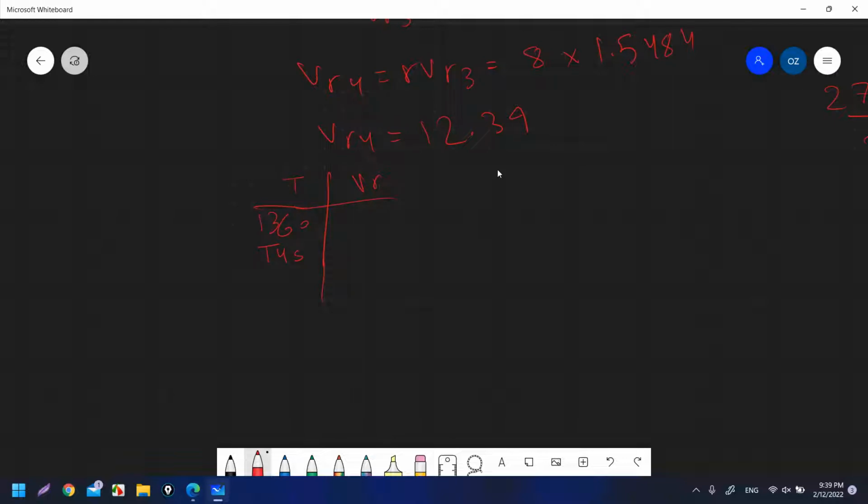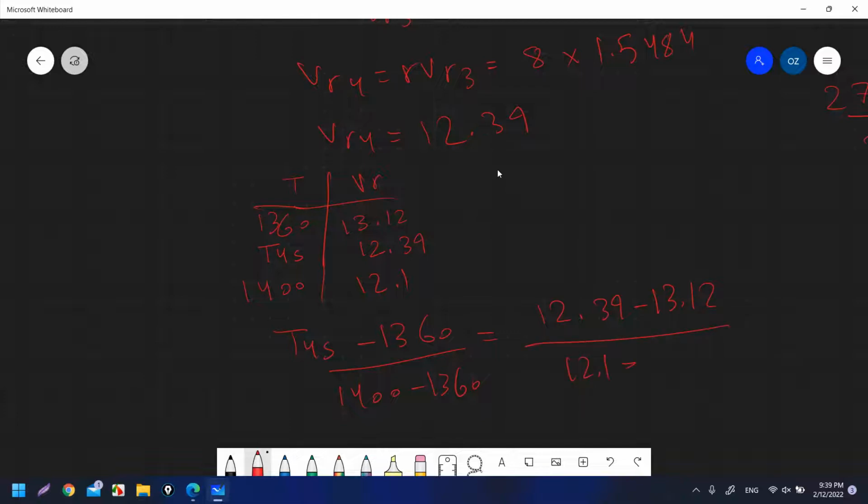I want to find T4S at 1400, 13.12, 12.39, 12.1. Okay, so this will be equal to T4S minus 1360 over 1400 minus 1360, and is equal to 12.39 minus 13.12 over 12.1 minus 13.12.